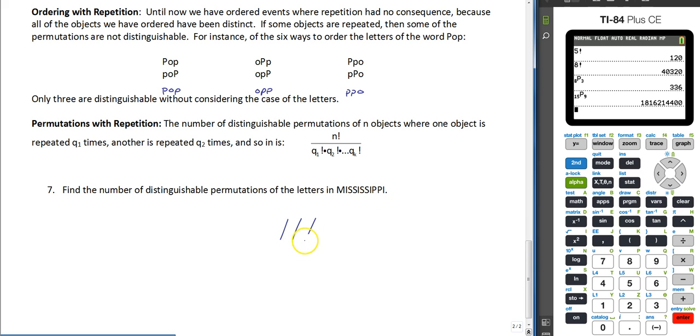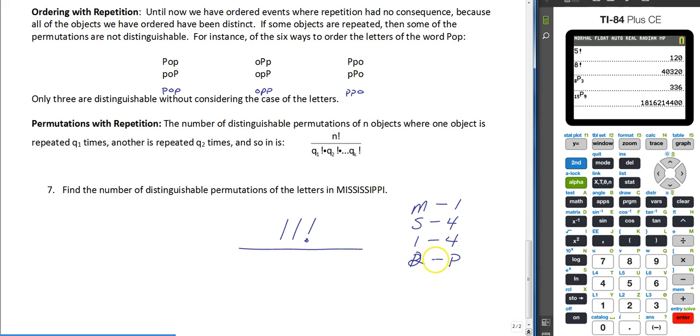So you would have 11 factorial, but now you have to take in consideration repeats. So we only have 1 M, but we have 4 S's, and we have 4 I's, and we have 2 P's.